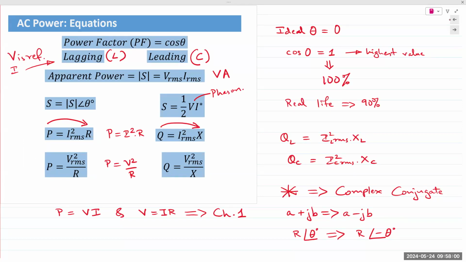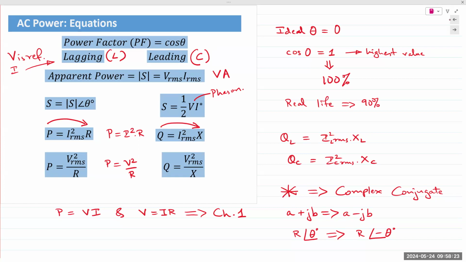One more piece of news is that we'll have the quiz on filters. That's quiz 8. And then quiz 9 in the last week would be on AC power, so it'll be AC analysis and AC power. But I will not ask AC power on the final exam.